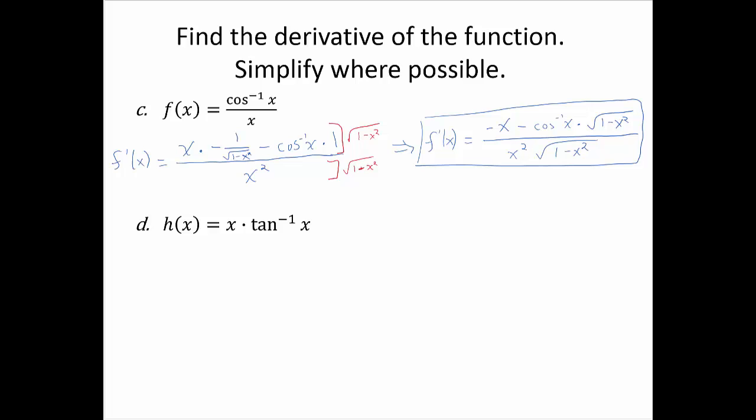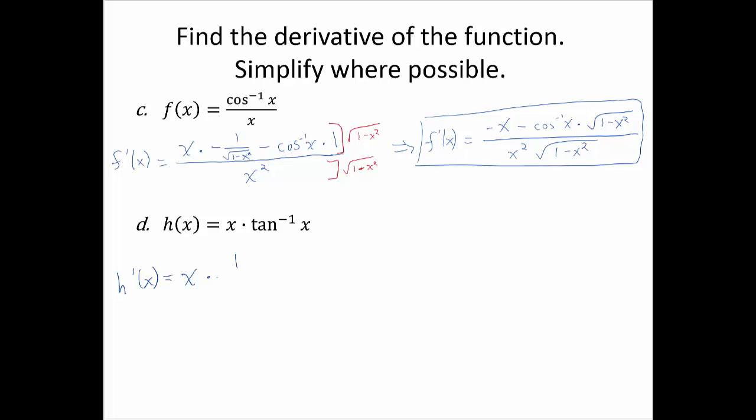Exercise D, we have h of x is x times tangent inverse of x. A product rule. So h prime of x, I like to leave the first part alone, so x times the derivative of the second factor.